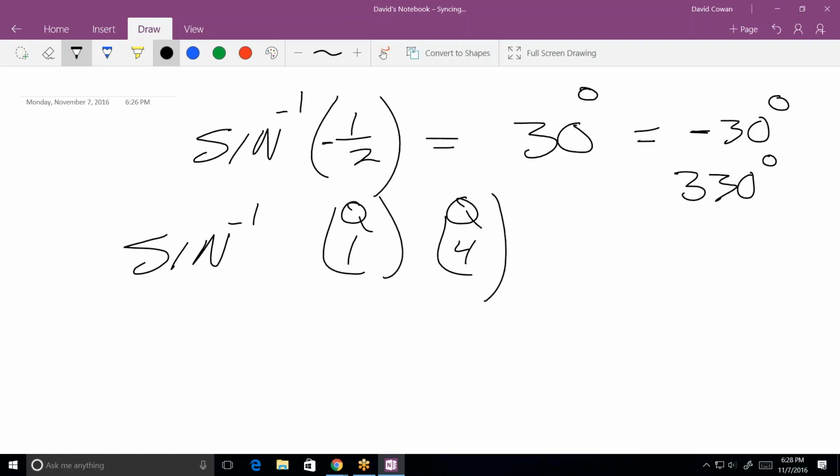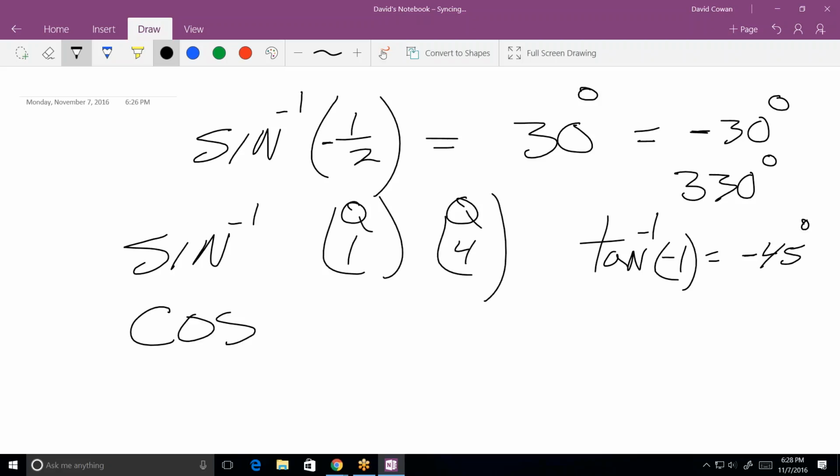Okay. Same with inverse tangent. If I said, what's the inverse tangent of minus 1? Well, it's not 45 degrees, it's minus 45 degrees. Okay?